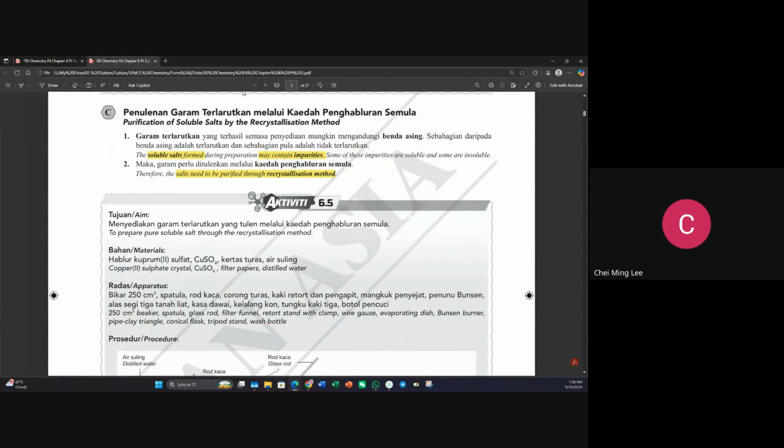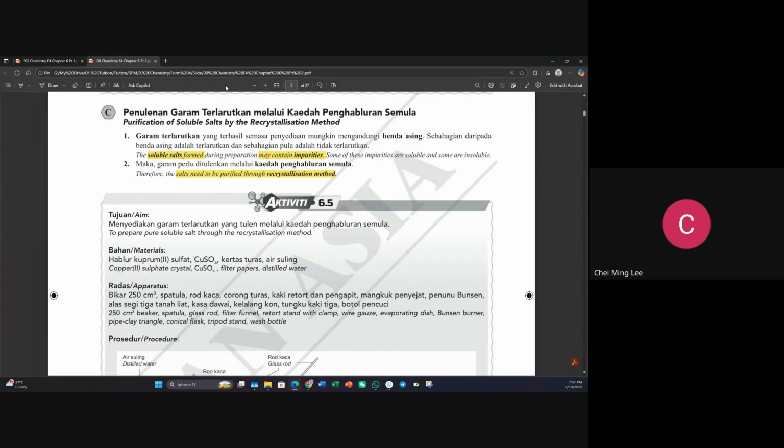The experiment for soluble salt, whether by neutralization or by using the metal and acid, has the same way of purification. It means that we don't need the phenolphthalein indicator, just add inside, get the solution, heat it up to get the crystal, filter out the crystal, rinse it with water, dry it with filter paper. The flow is the same.